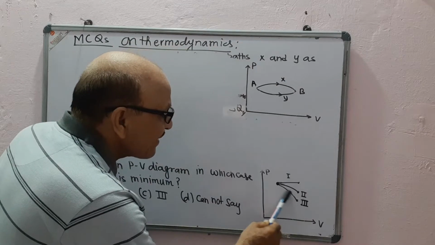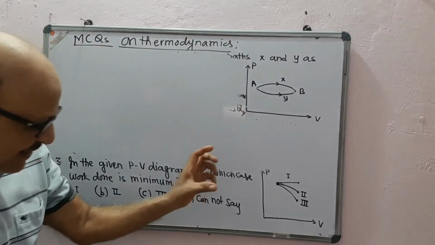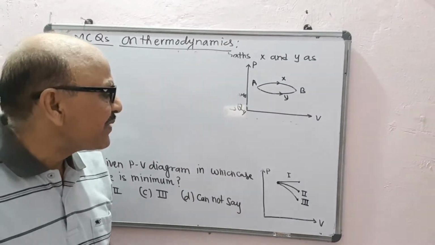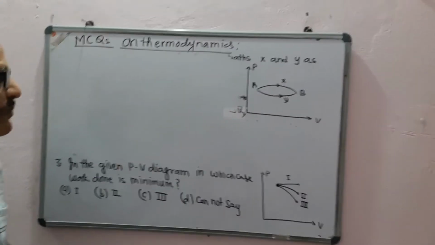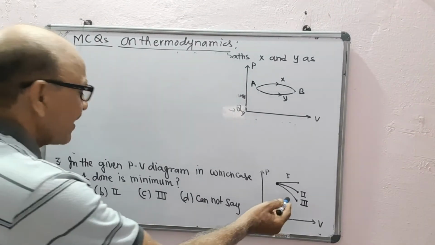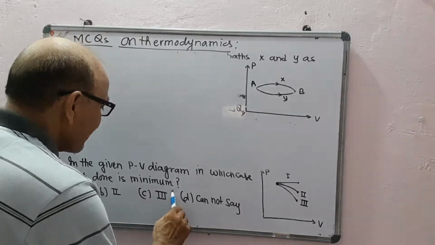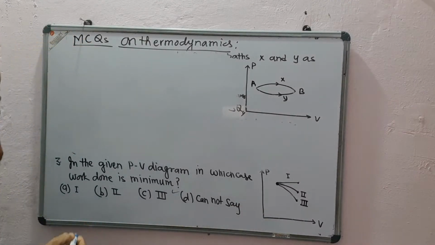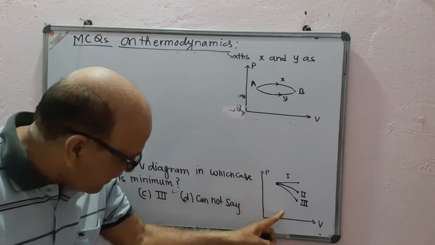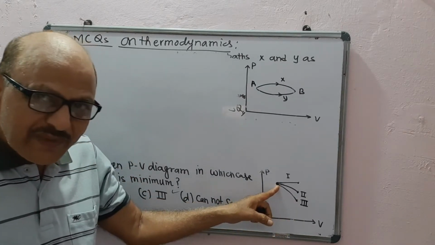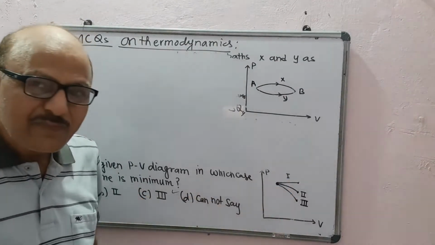Means third curve will occupy minimum area with volume axis. Therefore, work done will be minimum through path 3. So answer is 3, because this will cover minimum area out of these 3.